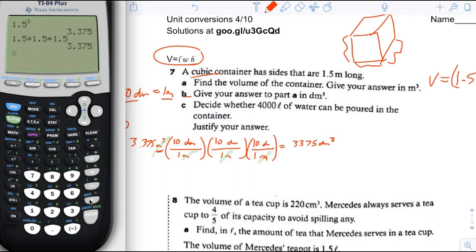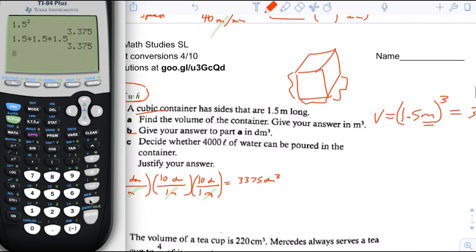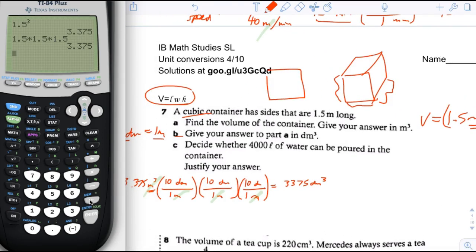Okay, it would be nice if we had this in terms of liters, and we don't. We have decimeters cubed. But remember that 10 decimeters are 1/10 of a meter, so actually a decimeter is also known as 10 centimeters. And if you make a cube of 10 centimeters by 10 centimeters by 10 centimeters, that is 1,000 cubic centimeters.